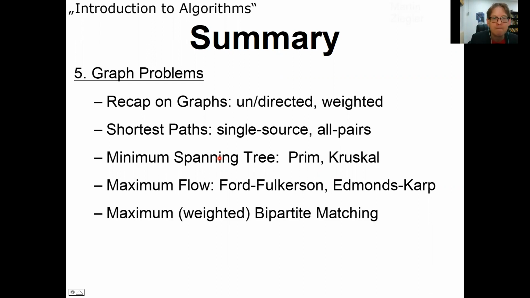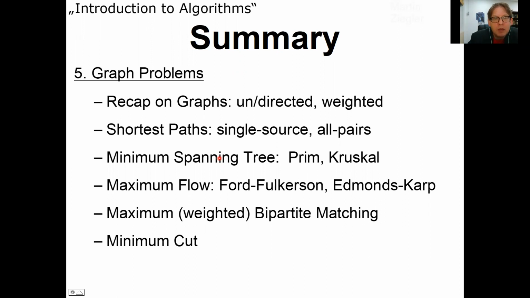And then we discussed other graph problems that can be solved efficiently using Edmonds-Karp, namely the maximum weighted bipartite matching problem, for which otherwise it seems very difficult to design an algorithm. So we used a technique called reduction. We did not discuss the famous Edmonds algorithm for non-bipartite maximum matching.